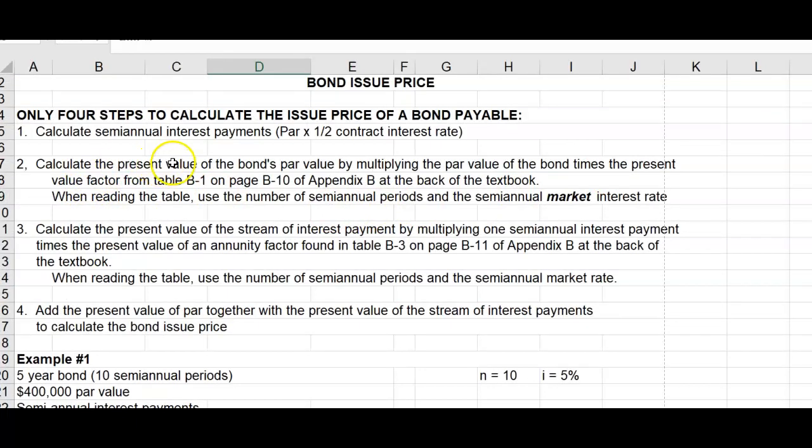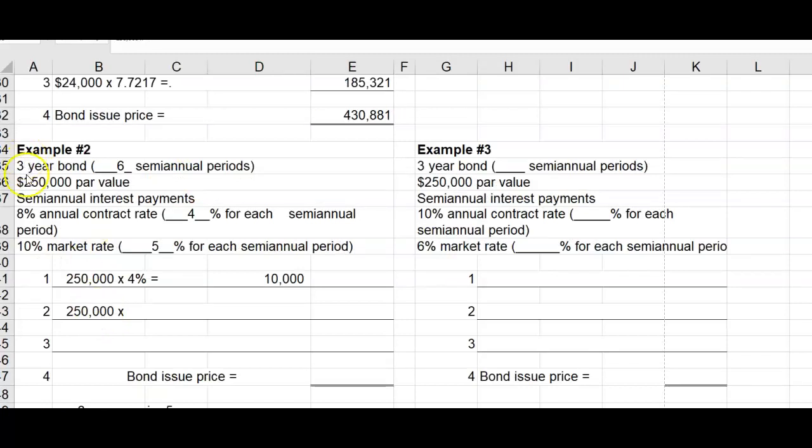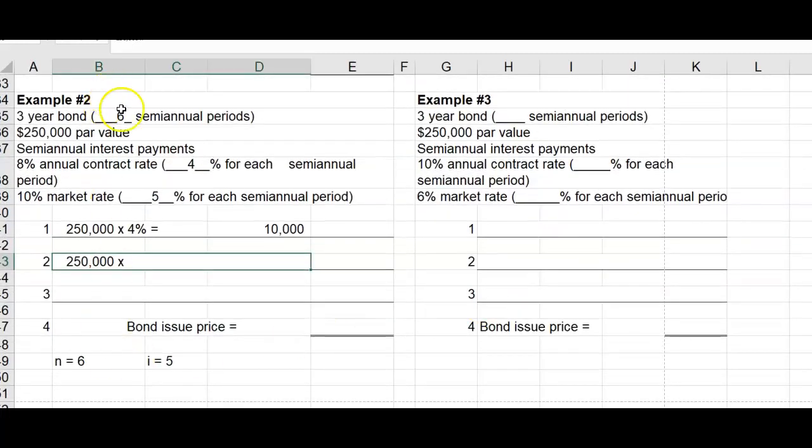Calculate the present value of the bond's par value by multiplying the par value of the bond times the present value factor from table B1. So par value of $250,000 times we're going to need the factor from table B1, where N equals 6 and I equals 5.